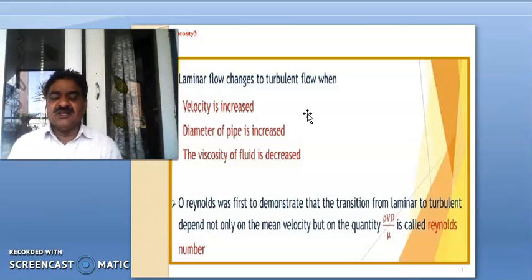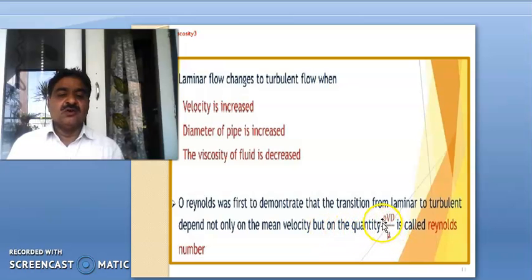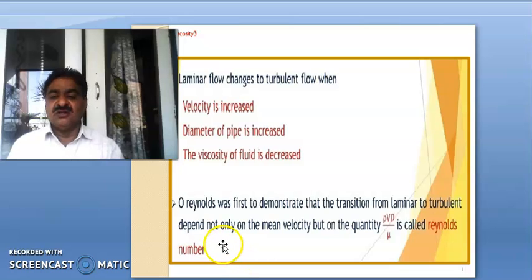When thinner, less viscous fluids are there, there is a possibility of laminar to turbulent flow. Reynolds was the first to demonstrate that the transition from laminar to turbulent depends not only on the mean velocity but on the quantity rho v d upon mu, called the Reynolds number.